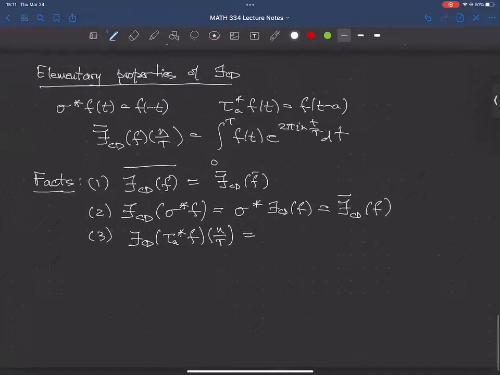What you get is e to the minus 2 pi i n a over T, and then it's the original CDFT.